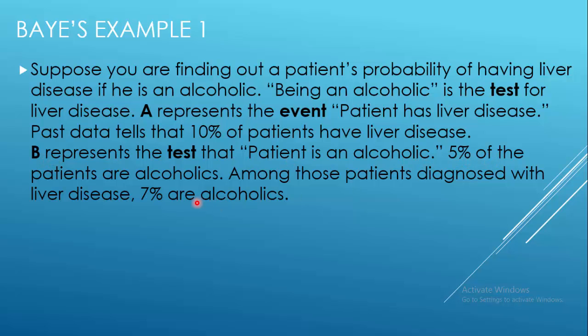5% of the patients are alcoholics. So there are 10% patients who have got liver disease and 5% patients who are alcoholics. Among those patients diagnosed with liver disease, 7% are alcoholics.